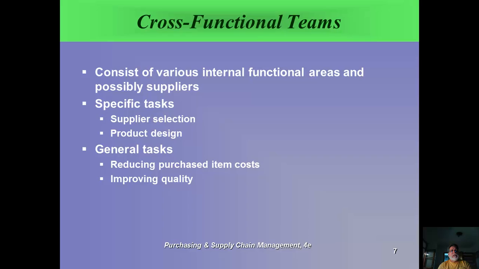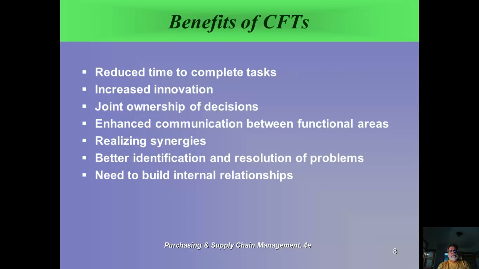Some of the general tasks are reducing purchased item costs. It's all about incremental improvements that happen, and also improving quality bit by bit by bit. That plan, do, check, act, continuous improvement. That's where you would be applying this. One of the benefits is that you cut the time down to everything.